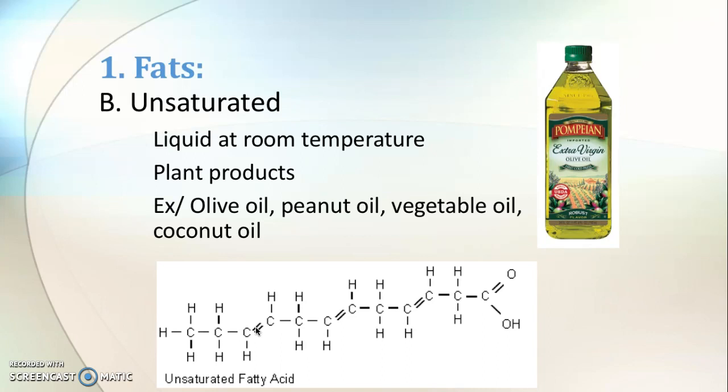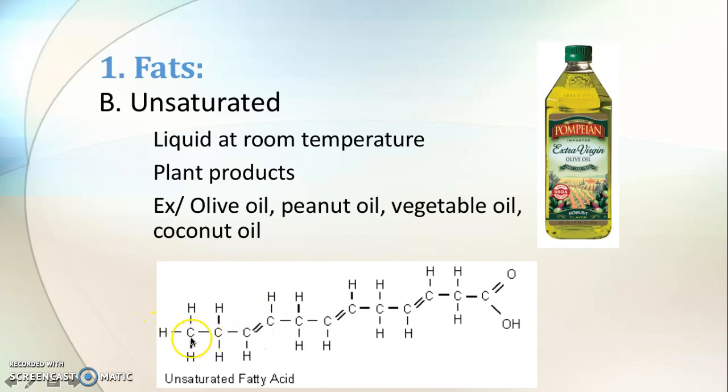And they are referred to as unsaturated because if we look at the chain, so that fatty acid chain, it's not saturated with hydrogens. So in some places where we could potentially have another hydrogen, like here, we actually see that the hydrogen is removed and there's a double bond between the carbons.